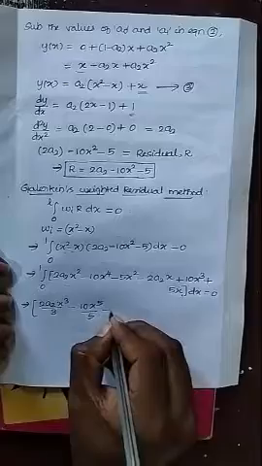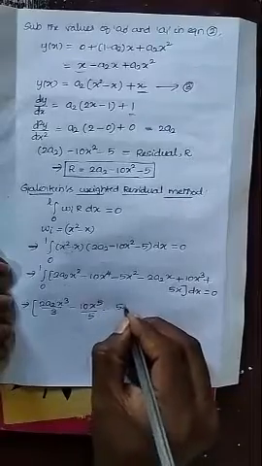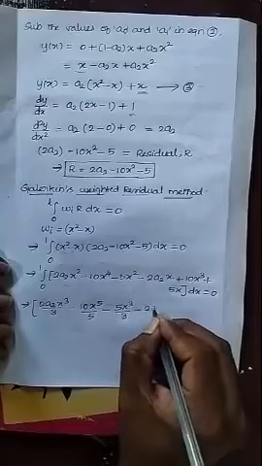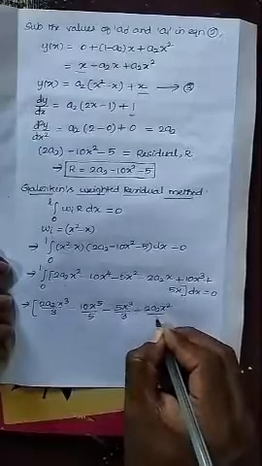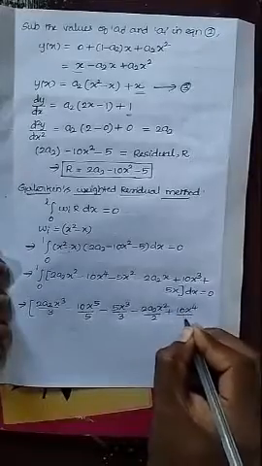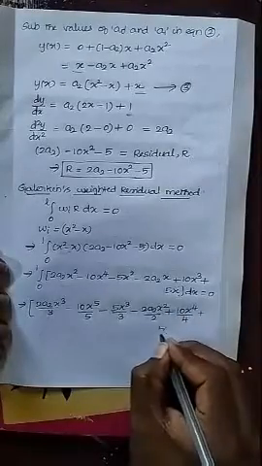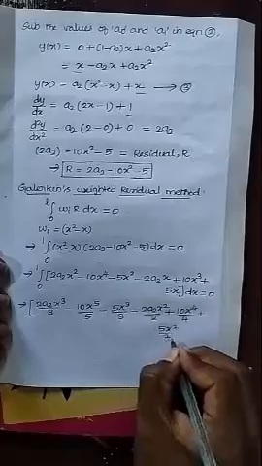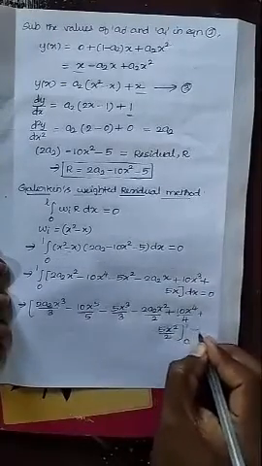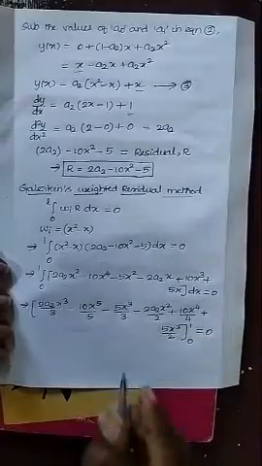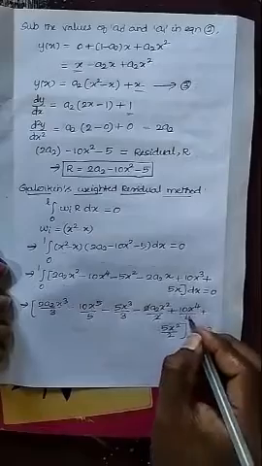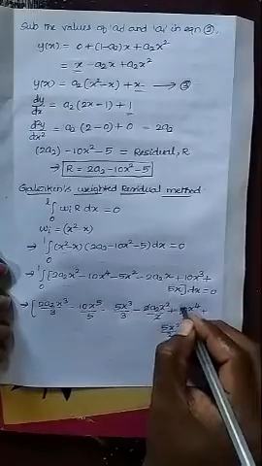The integral form for 5x square is 5x cube by 3, minus 2a2 x square by 2, plus 10 x power 4 by 4, plus 5x square by 2. This is the integral form. The limits are 0 to 1, is equal to 0. Here we can cancel these terms 2 and 2, and here 2, 5.